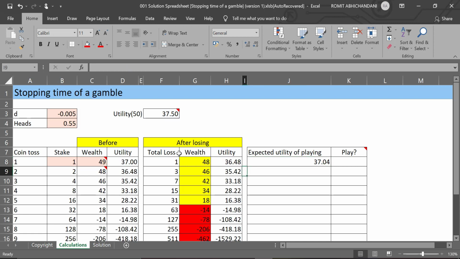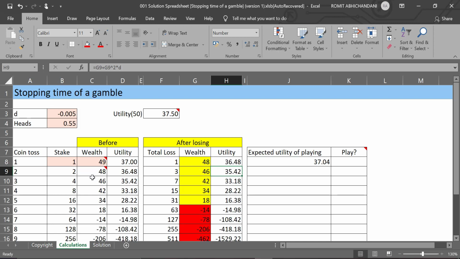Let's get to the second scenario. Your wealth is 48. If you win, you get to a wealth of 50, because you are putting 2 pounds at stake. If you lose, your wealth will become 46 and your utility will be 35.42. So if you win, you get to 50 again, and your utility will be 37.5, right? If you lose, your wealth will be 46, your utility will be 35.42.